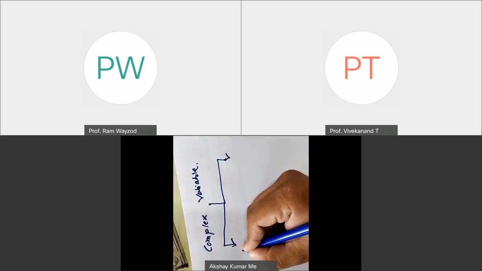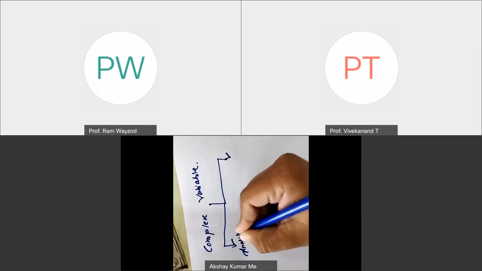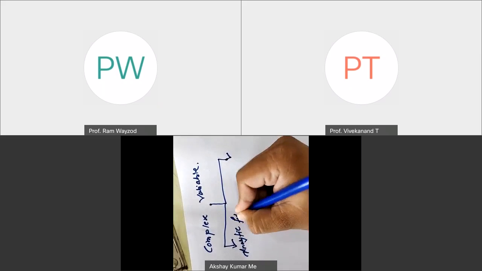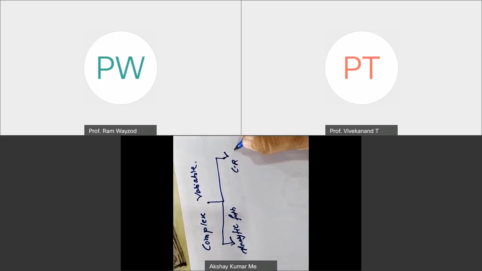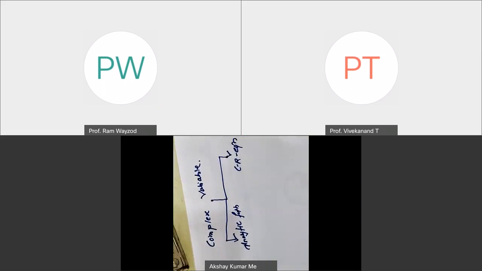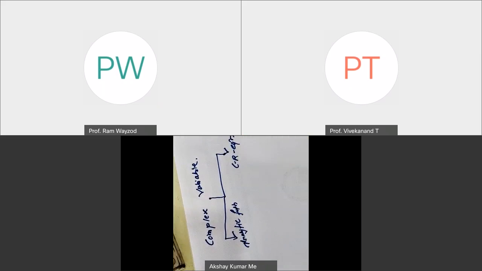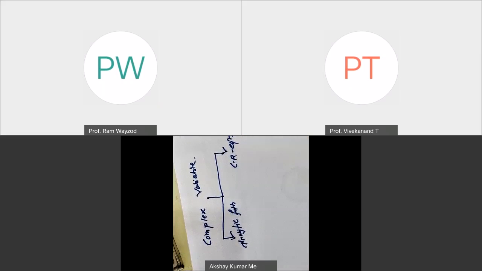One is analytic function, another is the Cauchy-Riemann equation or CR equation. In the first half, we deal with all the theory concepts of complex variable on both topics, analytic function and CR equation. And next, we solve some examples based on previous GATE exams.